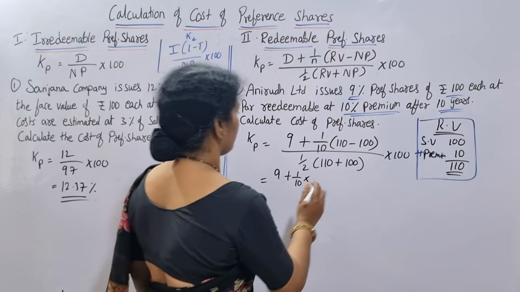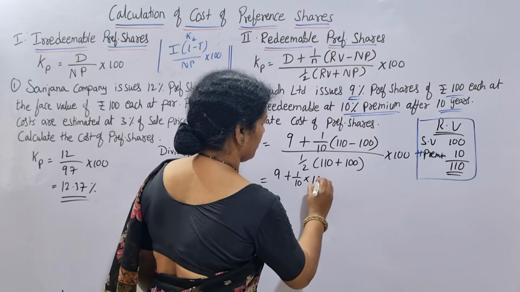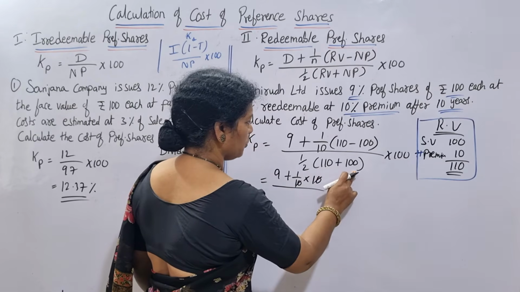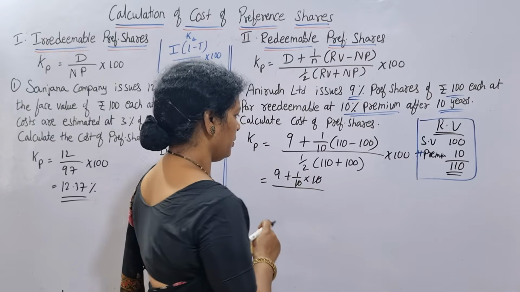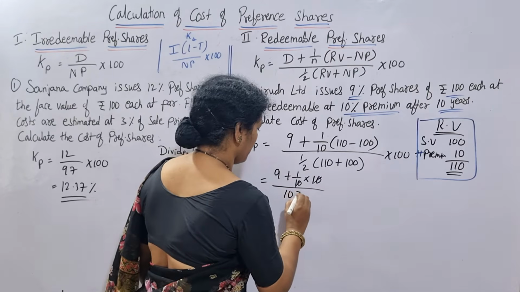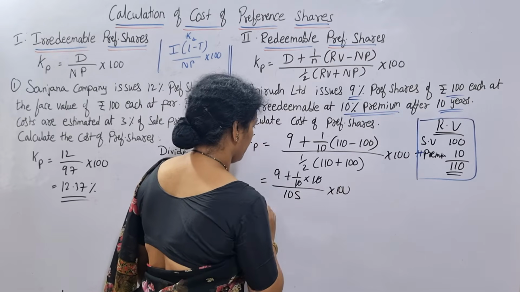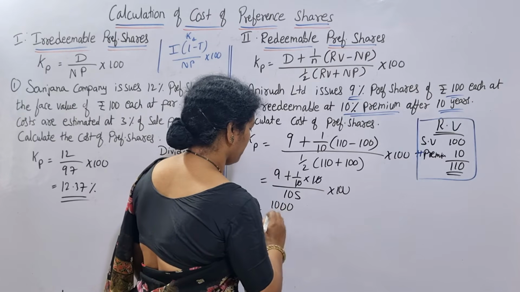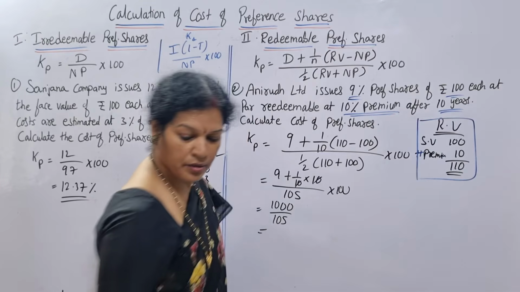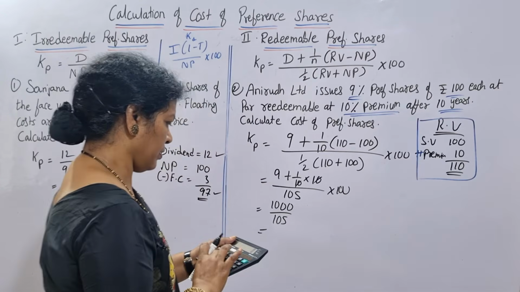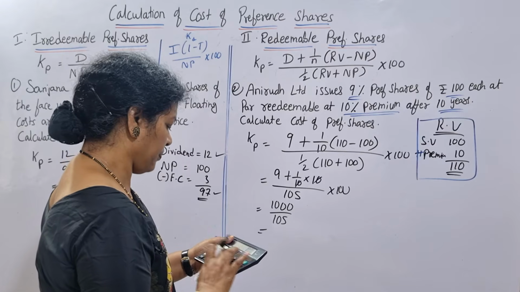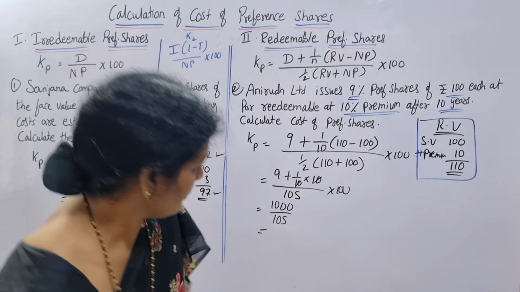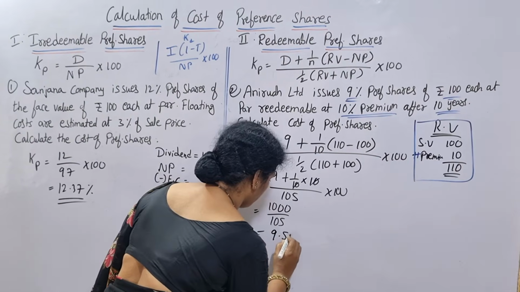Yes, 100 it is. 110 plus 100 is 210. 210 divided by 2 is 105, into 100. 9 plus 1 is 10. 10 into 100 comes to 1000 divided by 105, which is 9.52%.